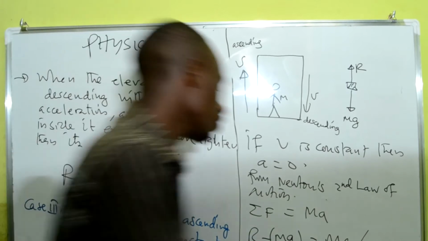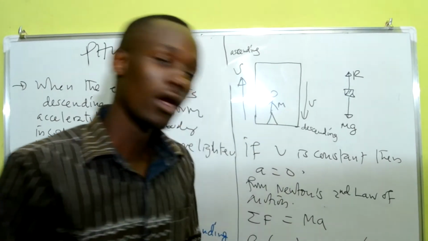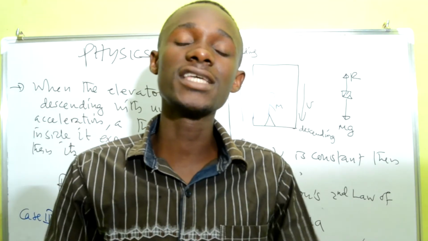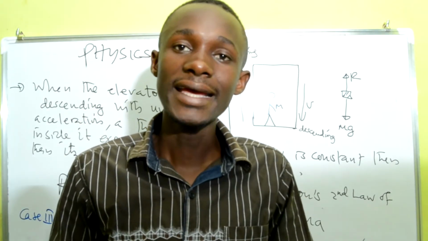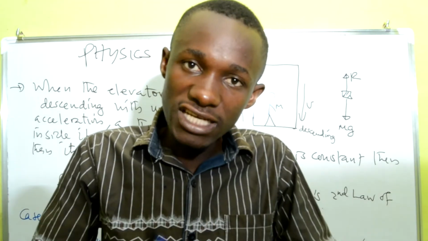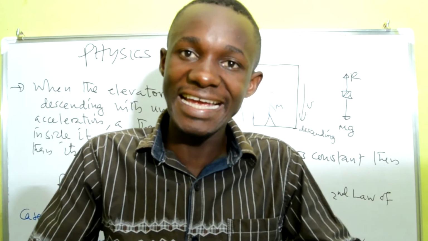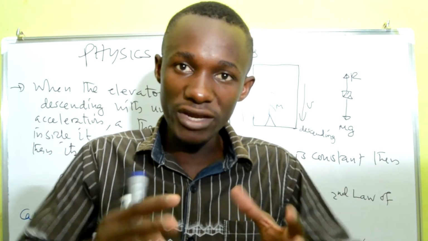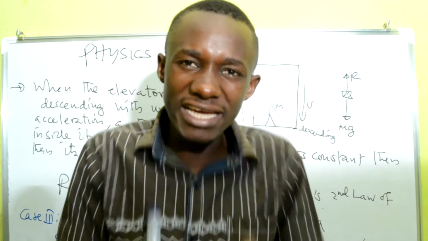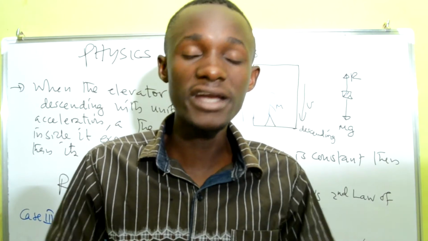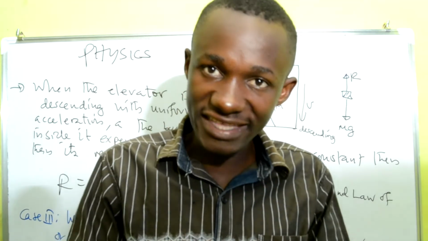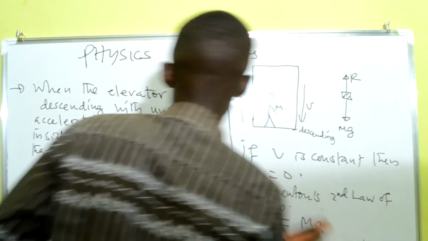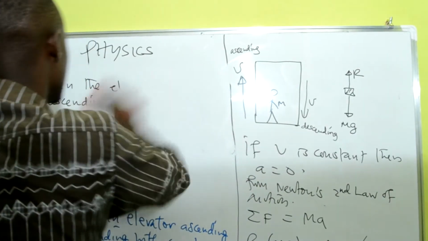Now we conclude by saying that when an elevator is either ascending or descending with the constant velocity, the weight of an object inside it is equal to the real weight. So a body will experience its real weight when the elevator is moving with the constant velocity.